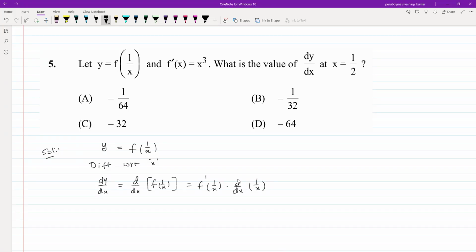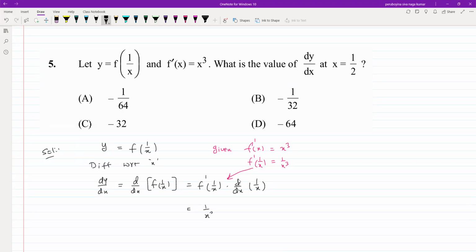And you can see given f dash x equal to x cube. In the same way, can you define f dash of 1 by x? Of course, it is 1 by x cube. So you can substitute this value in the place of f dash of 1 by x.